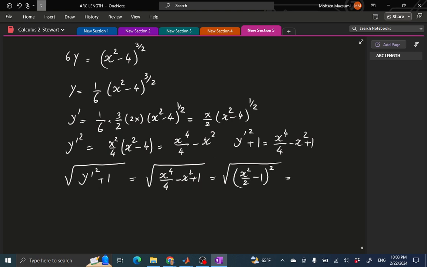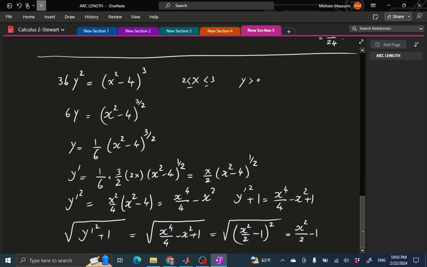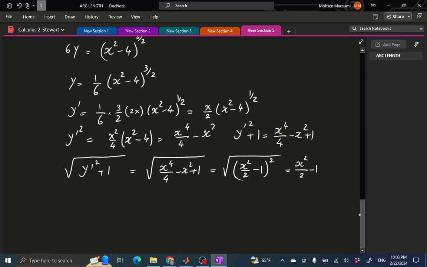Now this comes out of the square root, and our x was larger than 2, so this is larger than 1, and then it's positive, so that's how it comes out.